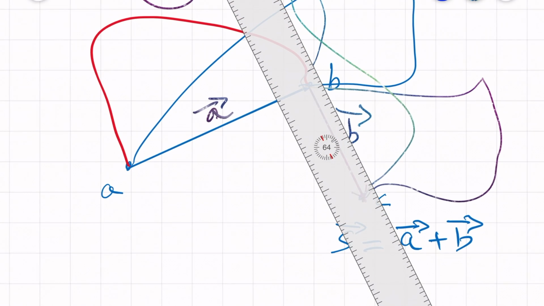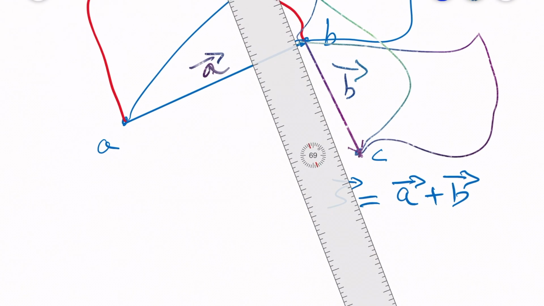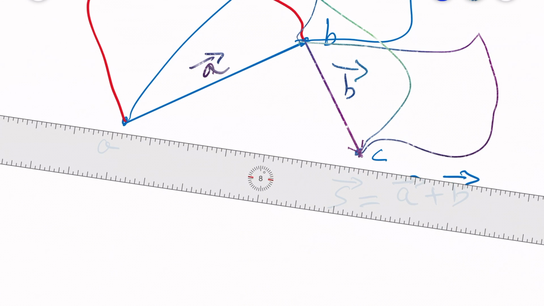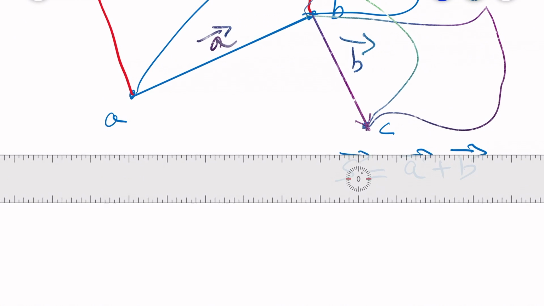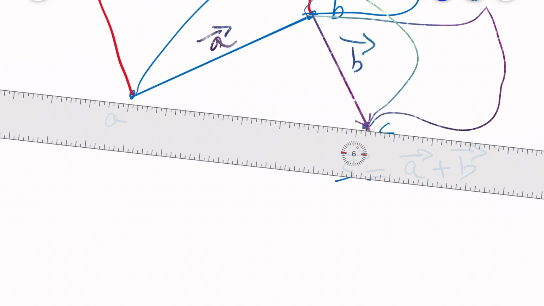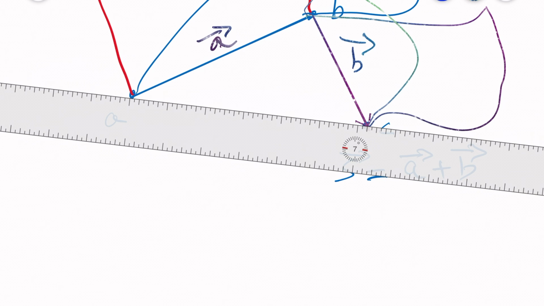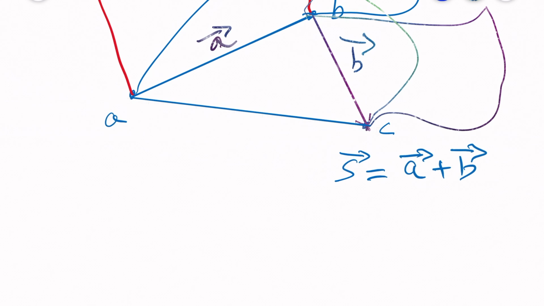So basically if we want to complete this triangle A, B and C, we draw a line from A to C, and if you see, the addition of vector A and B is nothing but vector S. S is equal to A plus B, and this is basically the addition of two vectors.